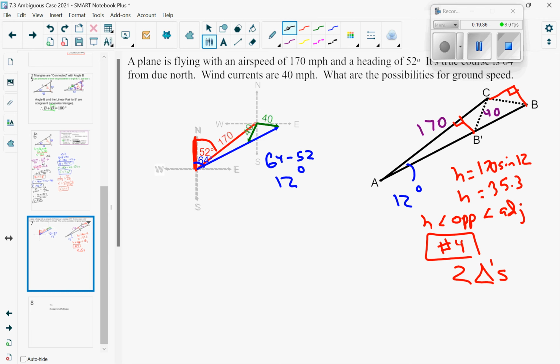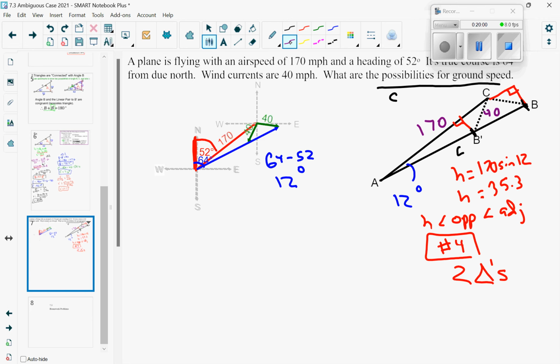This one specifically asks for the possibilities for ground speed, which would be side length C. So I need to find both situations of C, whether it stops right here or whether it stops right there. So let's find what we can.